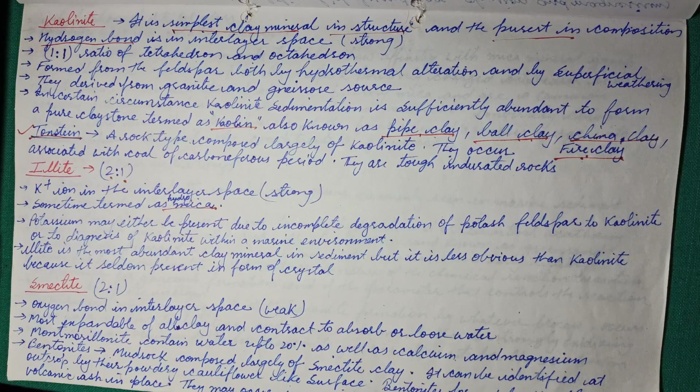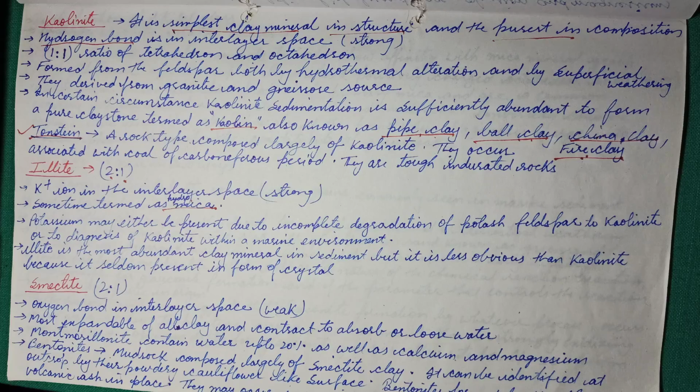Potassium may be present due to incomplete degradation of potash feldspar. In the decomposition of potash feldspar to kaolinite by weathering, there may be incomplete degradation, due to which some potash ions may be preserved and potassium may be present.